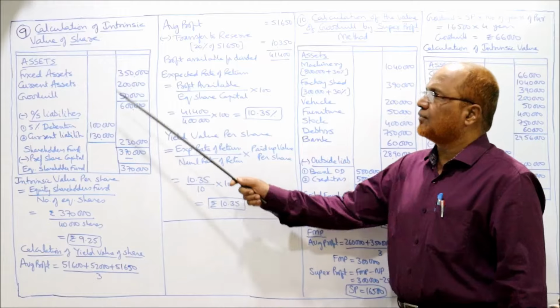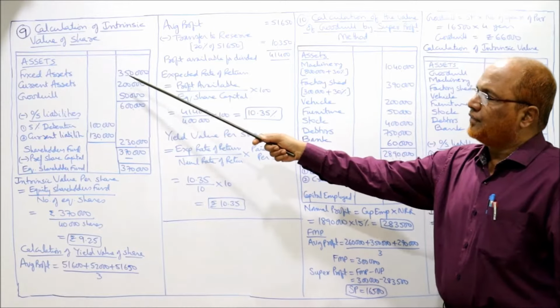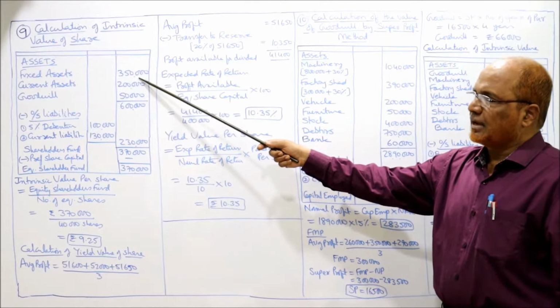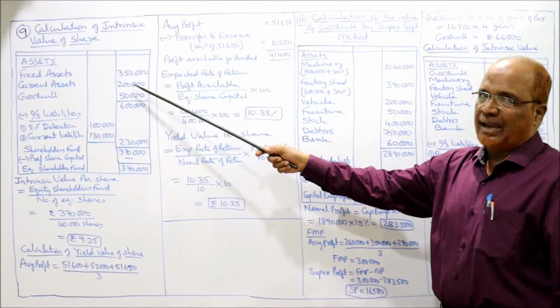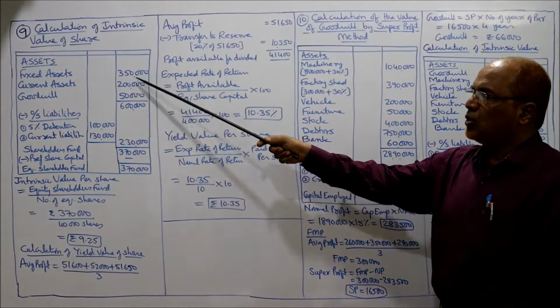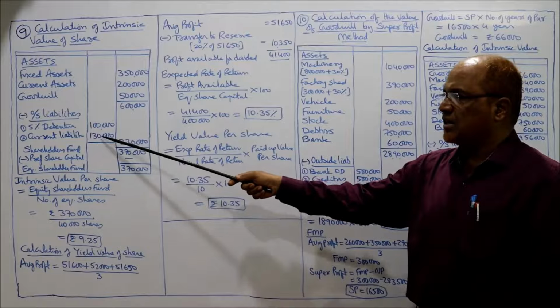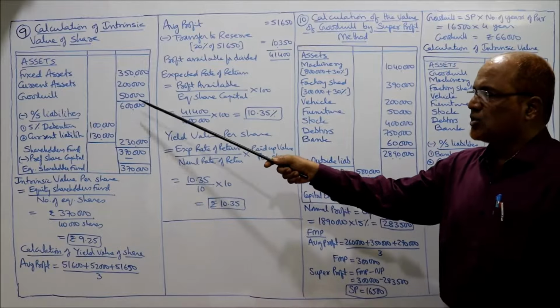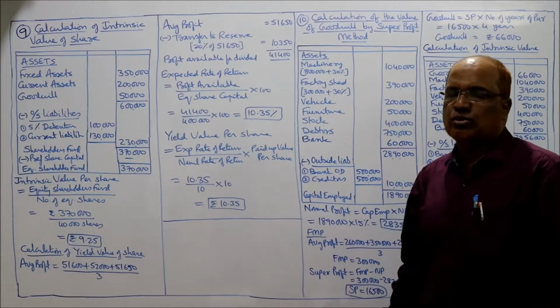See the solution carefully. Calculation of intrinsic value of share. Fixed assets 3,50,000, the realizable value given. Current assets, the balance sheet value we have taken. Goodwill, given in the adjustment. So total assets are 6 lakh. Outside liabilities are 5% debentures and current liabilities. Subtracting liabilities from assets, we get shareholders' fund 2,70,000.